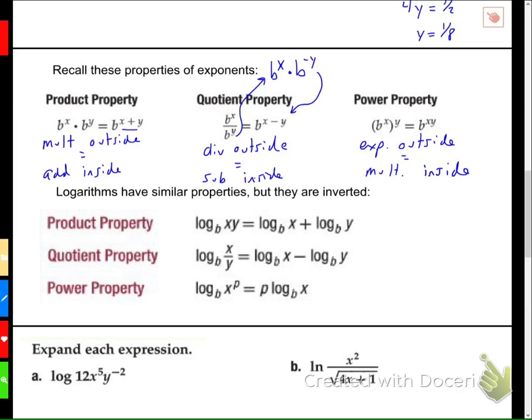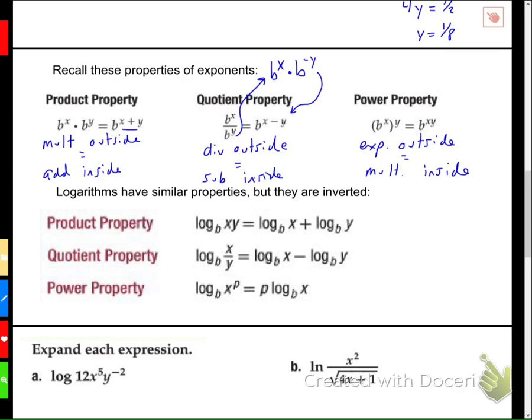Now, don't fall into the trap of just saying multiplication is addition, division is subtraction, and exponentiation is multiplication. Don't do that. We need to distinguish between the multiplication on the outside in the first rule and the multiplication on the inside in the last rule, because when we go to turn these things backwards, the inside and the outside are going to get swapped.